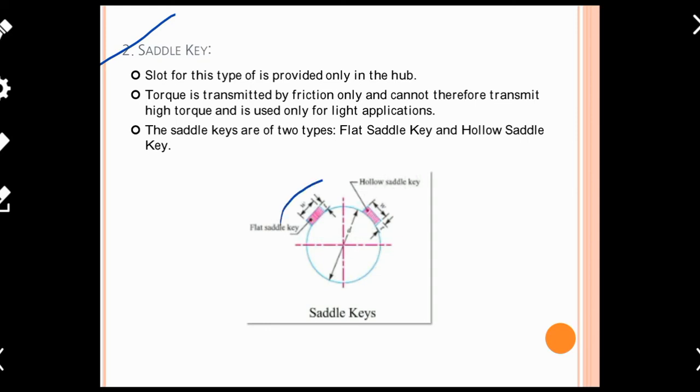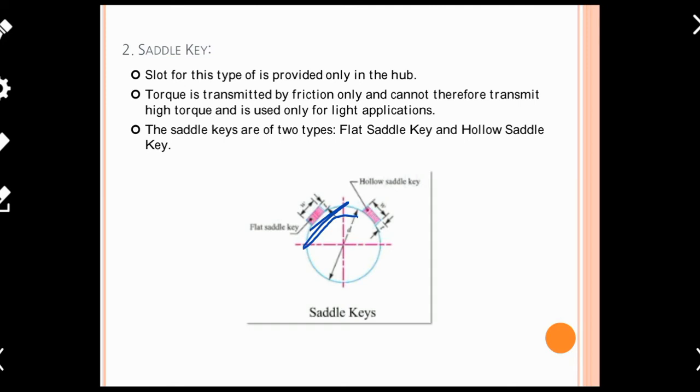If you look at the flat saddle key on the left-hand side, you may easily understand that in the case of a flat key, the horizontal surface of this type of key is generally made flat. So that means the bottom plane or bottom surface of the key is directly mounted on the outer peripheral surface over here.